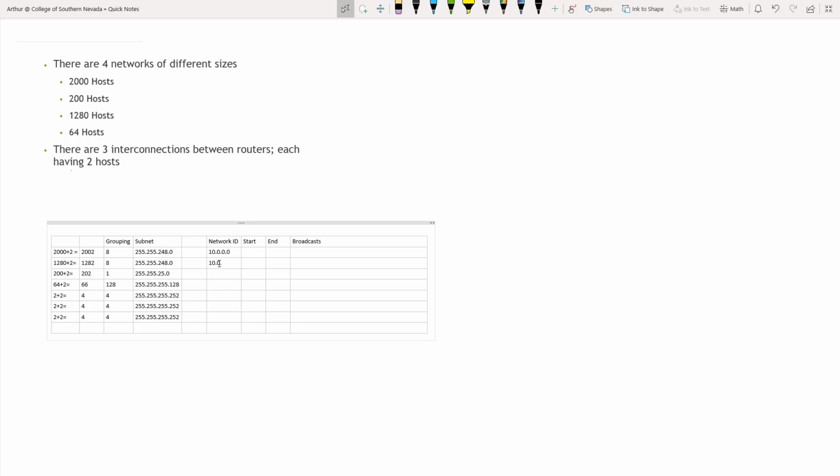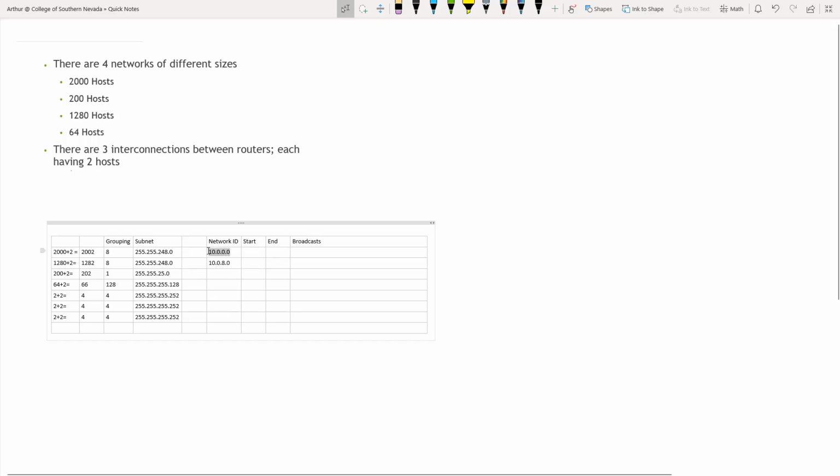So 10.0.0.0, adding 8 in the third octet. 0 plus 8 is 8. So that is the first start of the first network. The second network, we are also adding 8 in the third octet. It builds off each other, so keep that in mind.